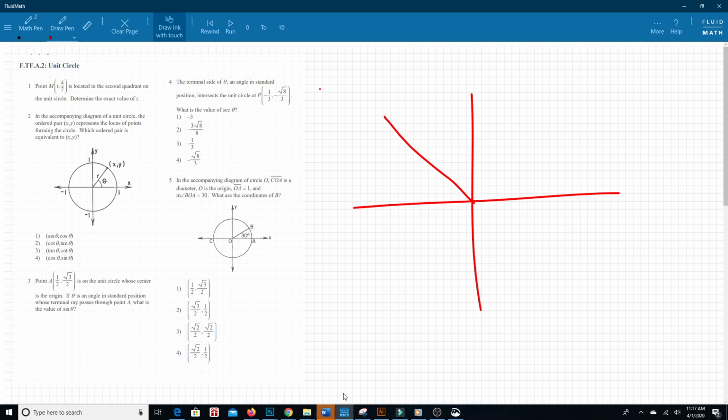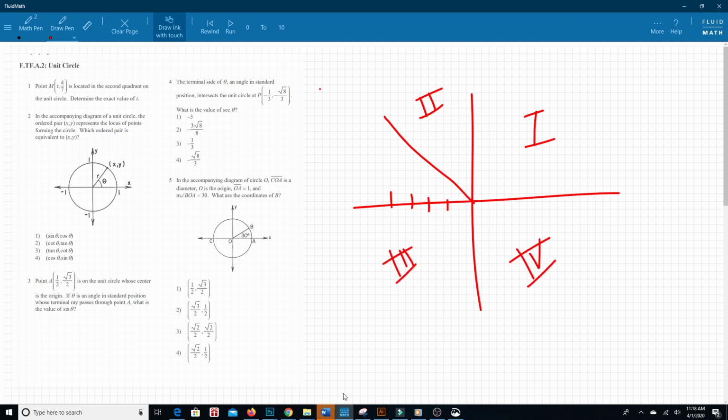So keep in mind that the slope is essentially rise over run. So the rise value right here is going to be the y value. The y value is going to be 4, right? And the run is 7. Keep in mind this is the first quadrant, second quadrant, third quadrant, fourth quadrant.